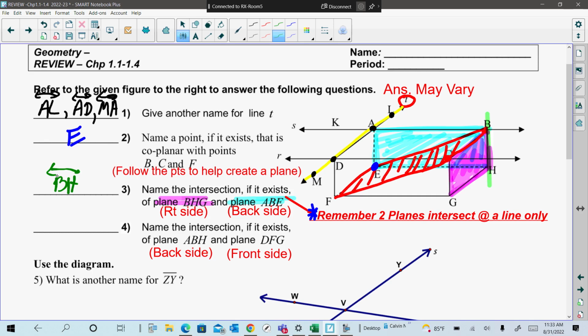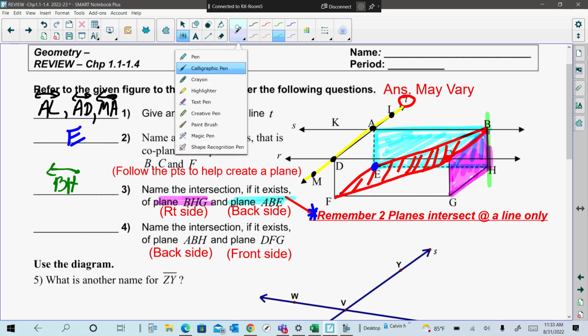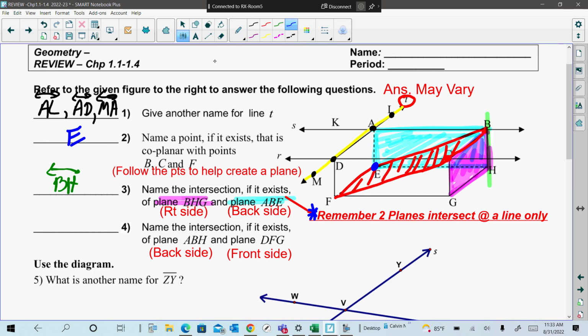Then name the intersection, if it exists, of plane ABH and plane DFG. ABH, guys, is the back plane that I already have highlighted right there. For DFG, if I wasn't sure, just trace your letters. Here's my D, then here's my F, and then there's my G. Hopefully you can see now, looking at the front, those planes don't touch.